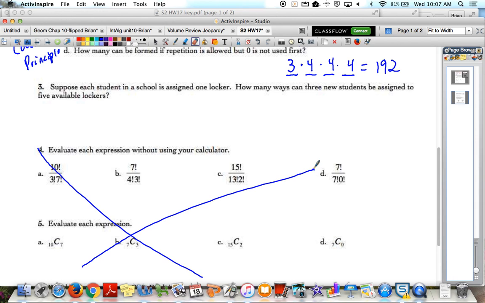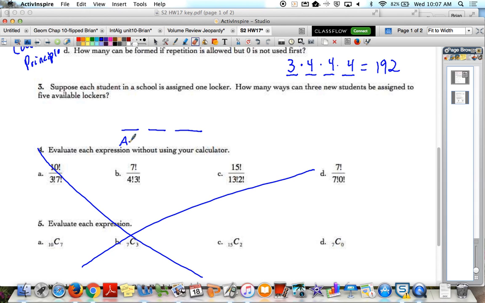Okay, so let's figure out, first off, there's 5 available lockers, but there's just 3 students that I need to assign. Okay, so I've got 5 available lockers, and I'm going to take those 3 students. How many possible lockers can I assign to this first student? So let's just name these students just for purposes of the problem here.